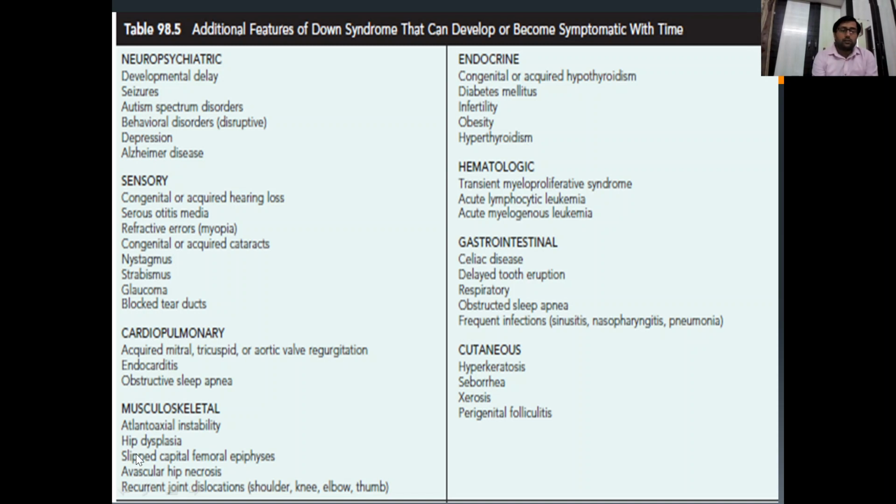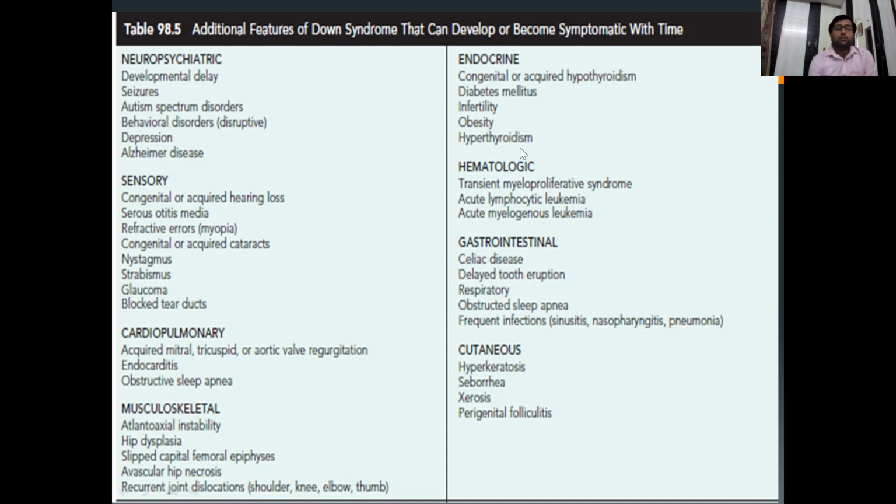Then hip dysplasia can be there. Okay. In endocrine disorders, these patients are particularly prone to hypothyroidism, which can be either congenital or acquired in nature. Diabetes mellitus, infertility, obesity, and also hyperthyroidism is a possibility, but it is later in life.